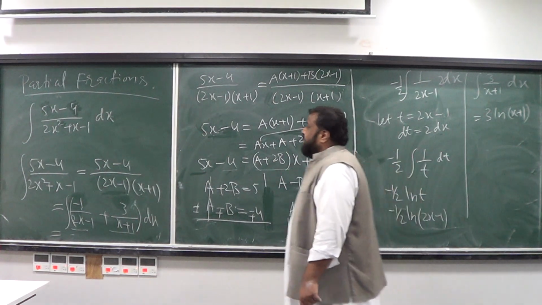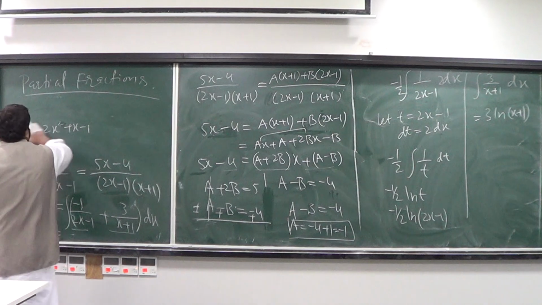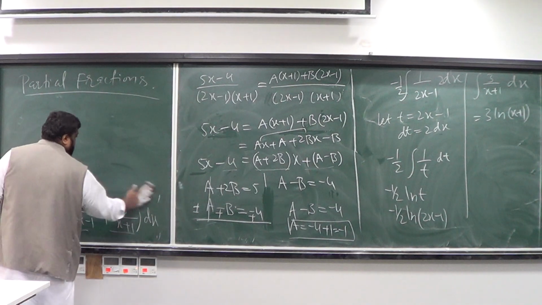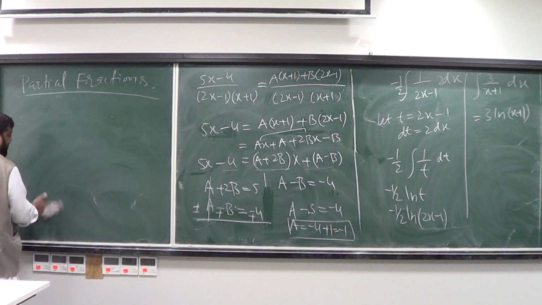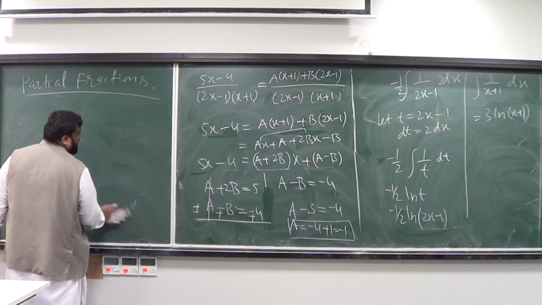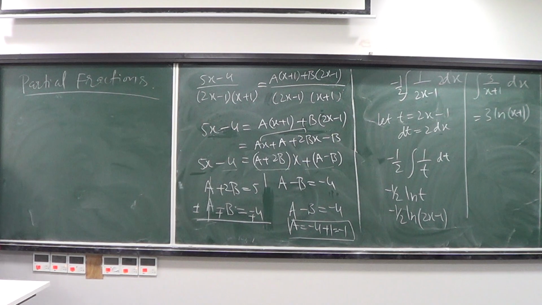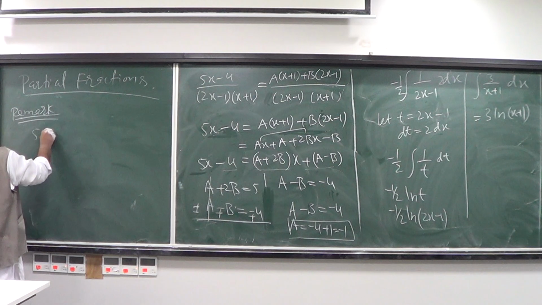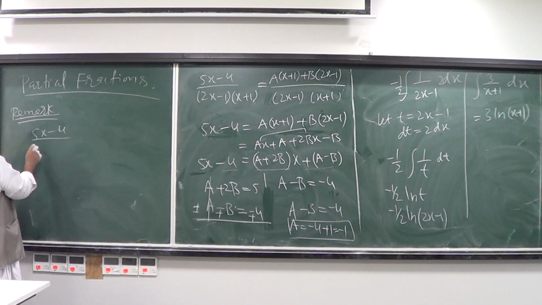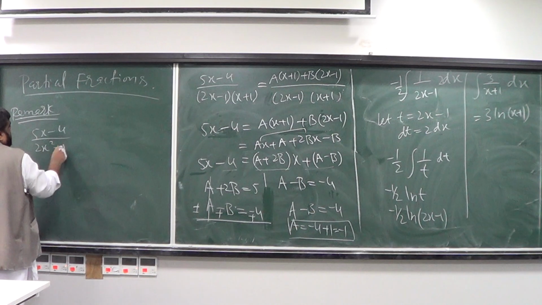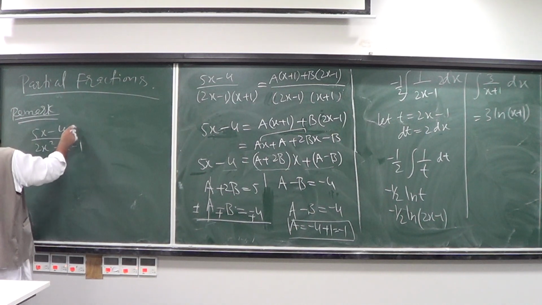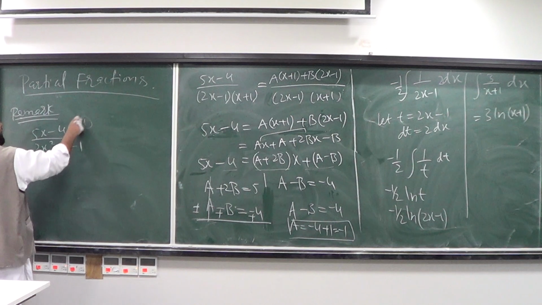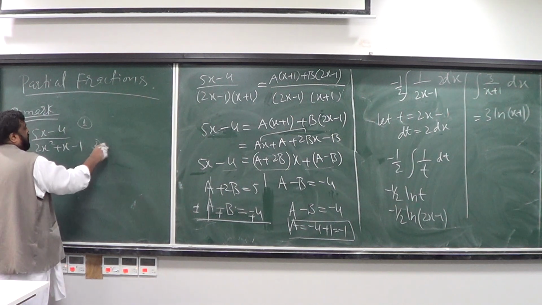But there are some very important pros and cons of this method. Remarks. We saw in our previous question that the degree of the denominator 2x squared plus x minus 1 is 2. So the degree of the numerator is 1 and the denominator is 2.